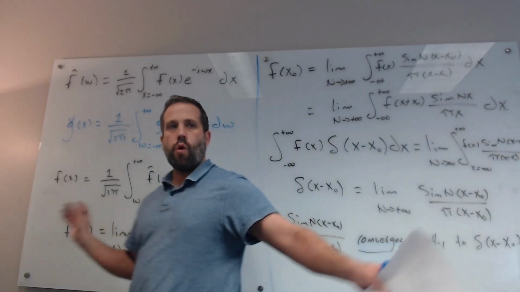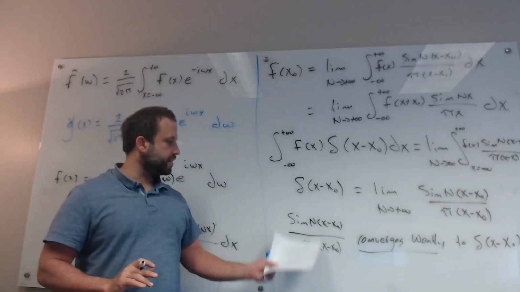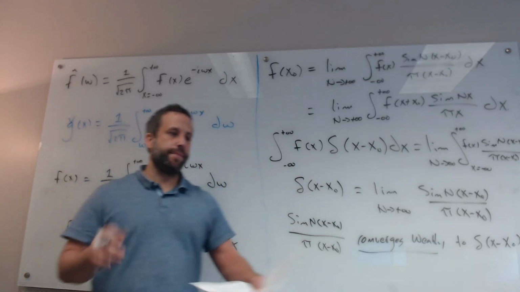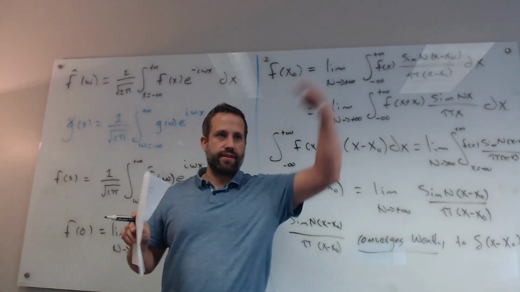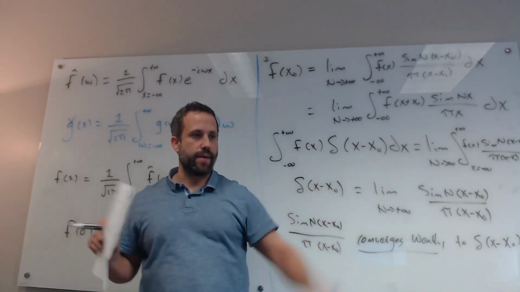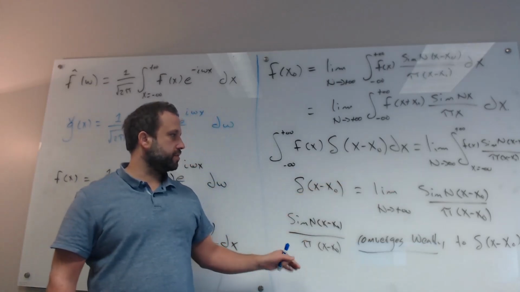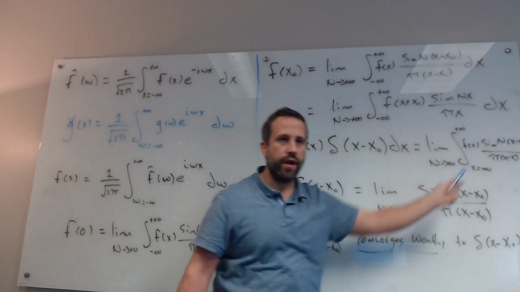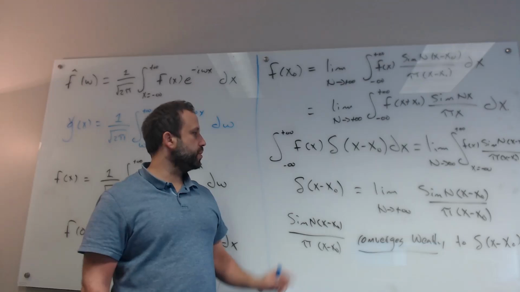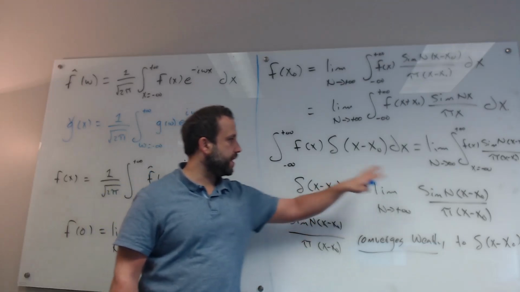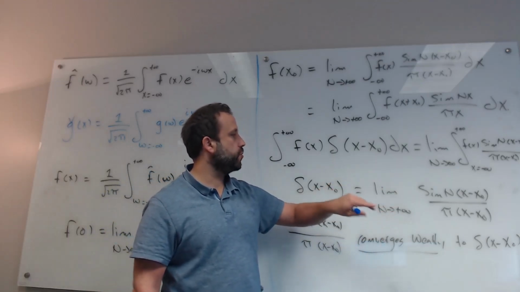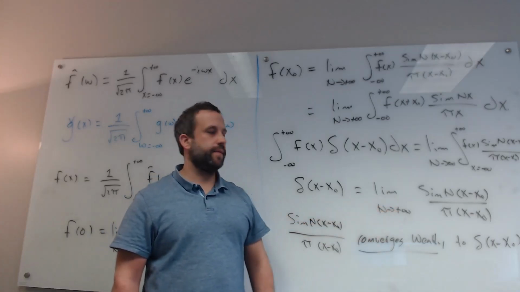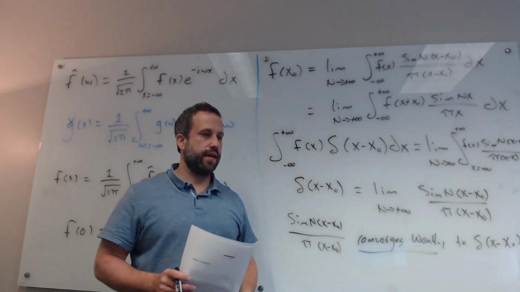So when we talk about a sequence of functions, sine n, and say it converges to another function, typically we mean for every x you put in here, you get the same thing over there, in the limit. That's not what converges weakly means. Converges weakly means it only converges in this kind of weird or new integral sense. So when we say that this limit exists, we have to recognize that this limit here does not mean a pointwise limit. It means this integral way of looking at things.